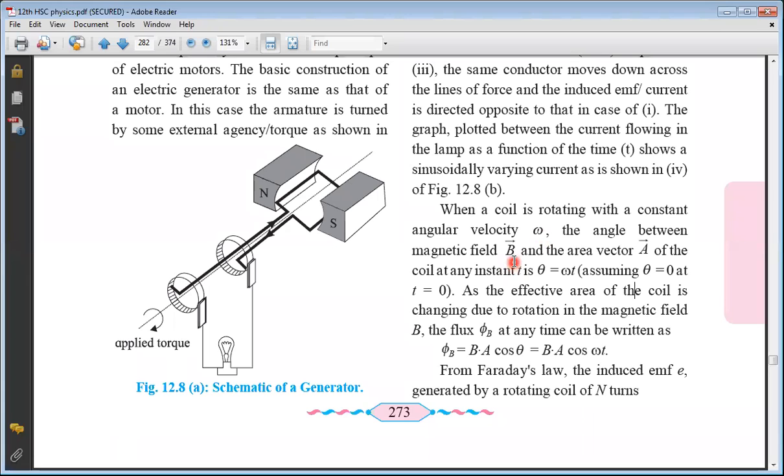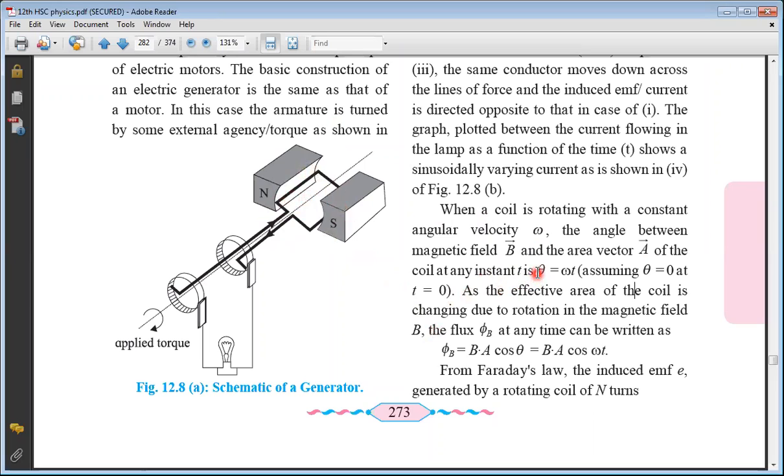Next, let capital B be the magnetic field strength between the two poles of the magnet. Let capital A be the area of the coil. Area is a vector. If the coil is like this, then its area vector is normal to the plane of the coil. Next, let the coil rotate through angle theta in time t.